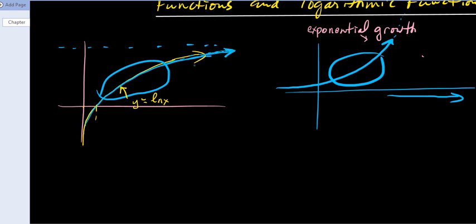This would be an example like fish in a pond. With a certain size of pond, there would be some sort of carrying capacity. Fish can multiply and the population can grow, but because of the size of the pond or other factors, there would be some limit they would be approaching. That would be this sort of function. In real life, you wouldn't really have anything that grows out of control to infinity.